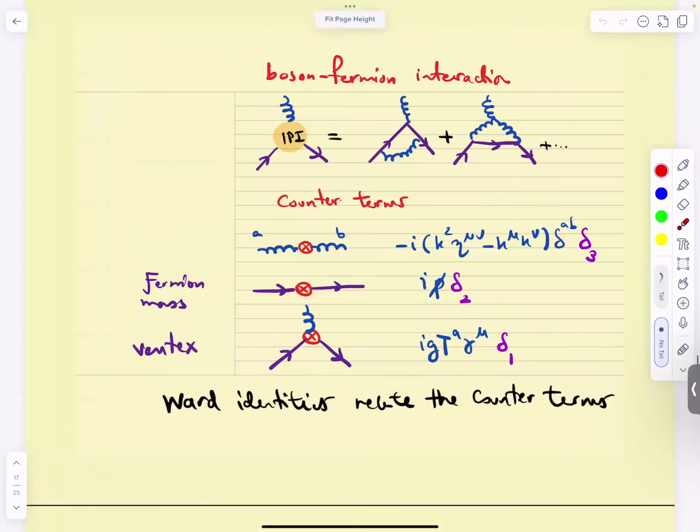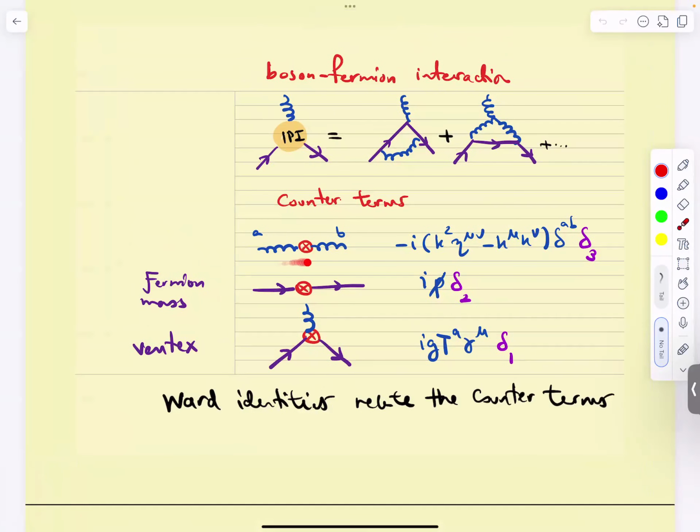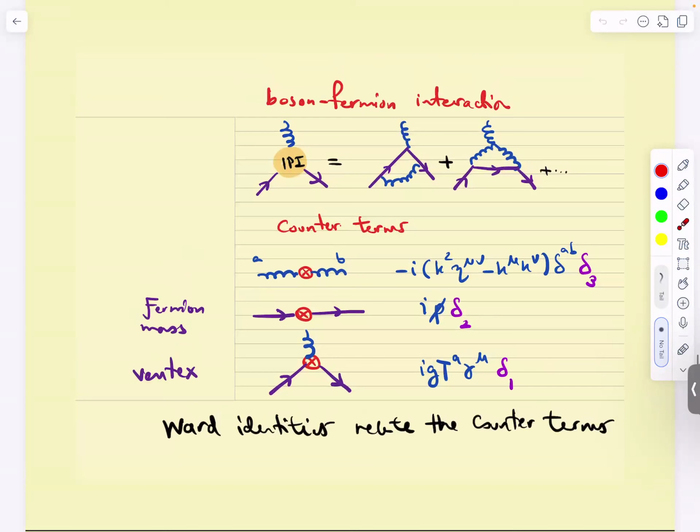All right, what are the counter terms? There is the gauge field propagator counter term. This is what it looks like. There's a fermion mass counter term, and then there's a vertex counter term. You gotta put the A's and stuff, right? As before, there will be Ward identities that relate the counter terms.